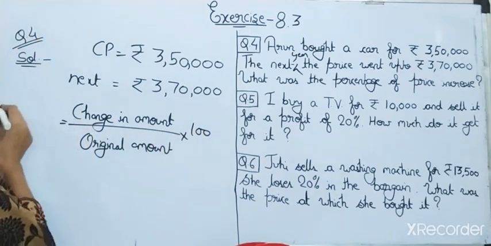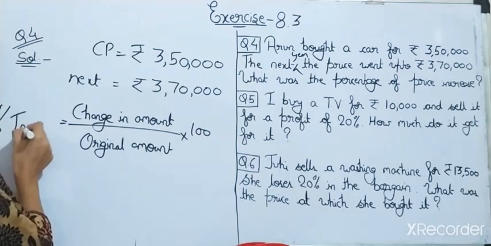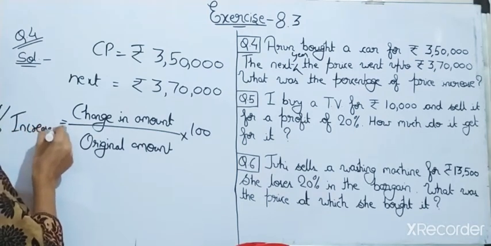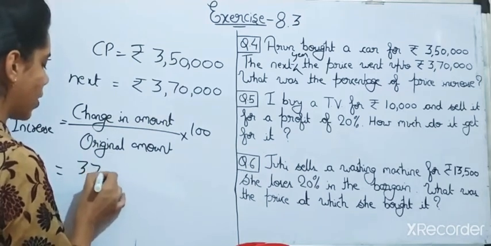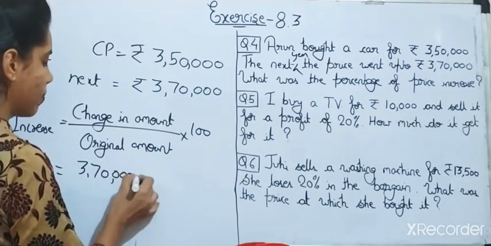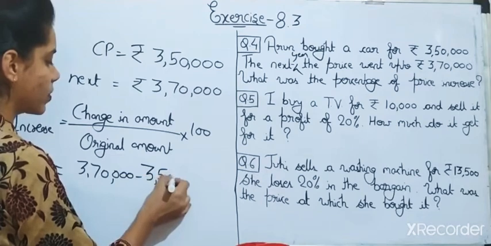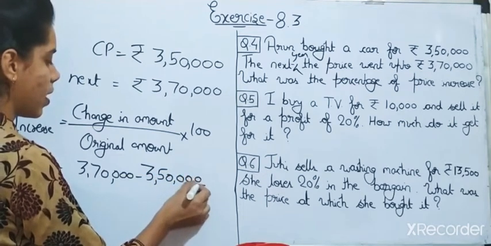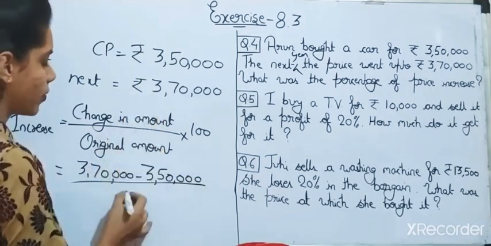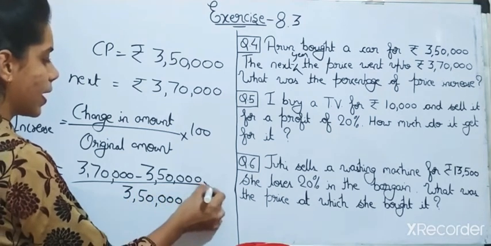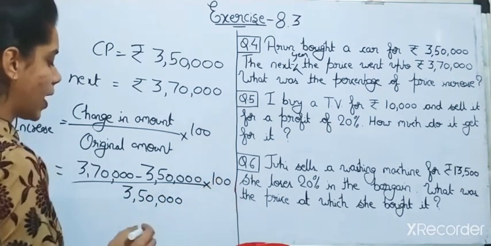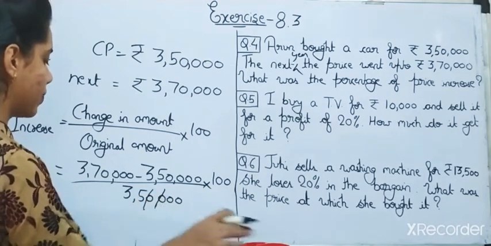This is the formula for percent increase or percent decrease. So change in amount will be 3,70,000 minus 3,50,000, by original amount, which will be 3,50,000, into 100.